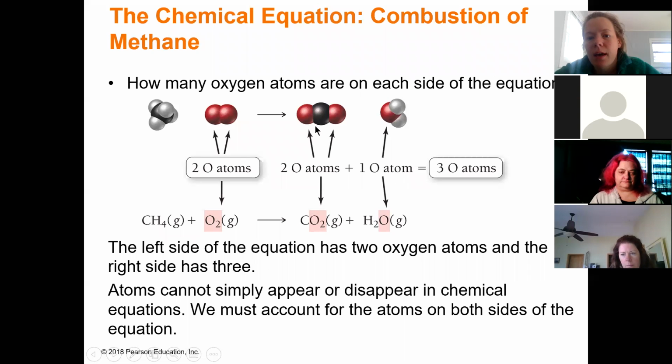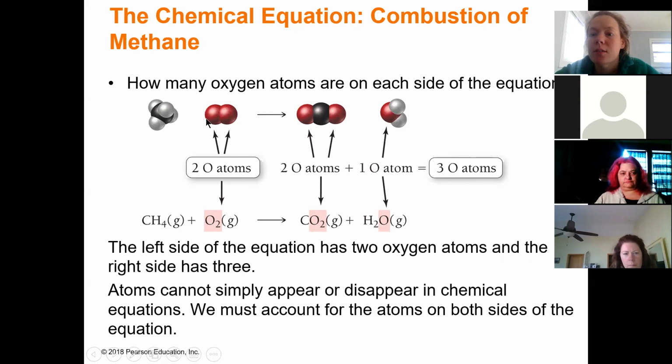When I end, though, I have 1, 2, 3 oxygens, right? 2 coming from the CO2 and 1 coming from the water, for a total of 3 oxygen atoms. So we started with 2 oxygen atoms and ended with 3. In a chemical reaction, that is not possible. You can't just pull an oxygen atom out of thin air. What you're starting with atom-wise has to equal what you're ending with.